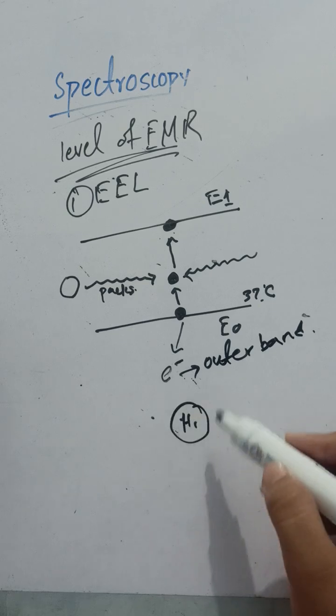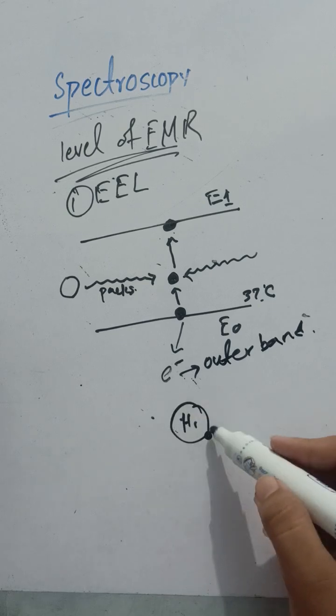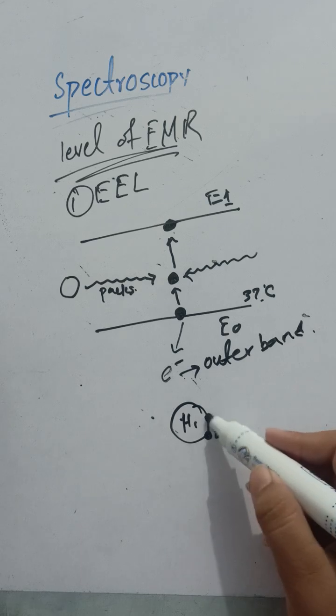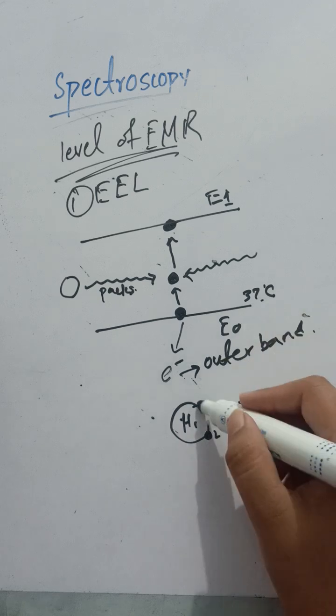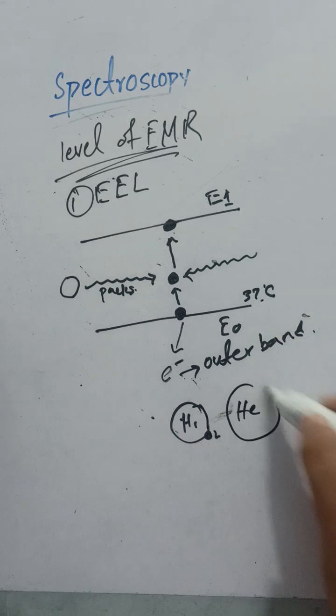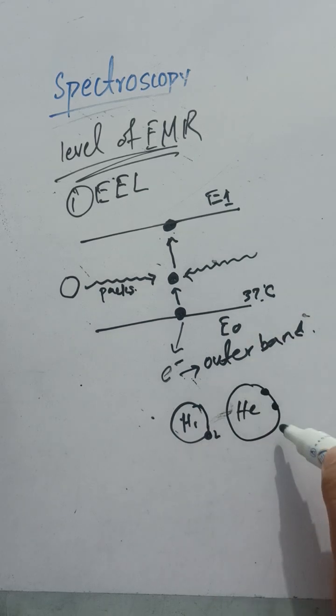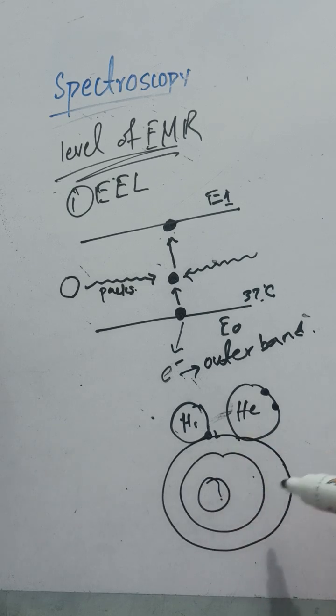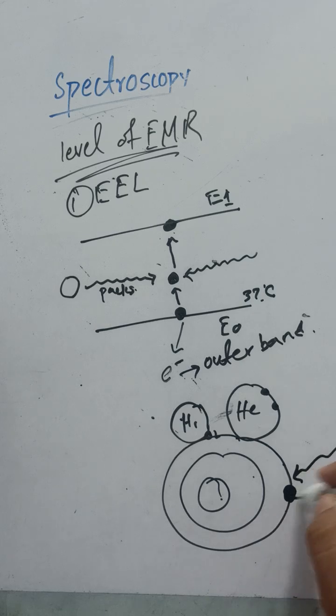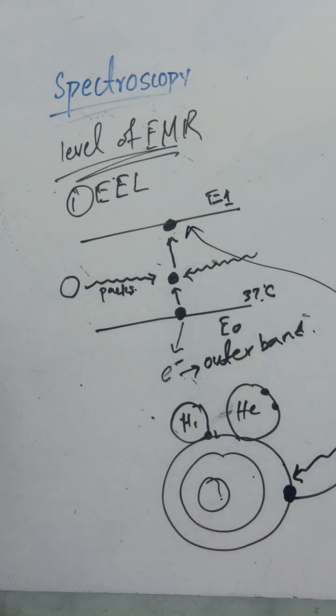Hydrogen H1 has one electron, helium has two electrons in the first bond pair. Next, as the atom increases, their outermost bond pair increases. Like this is the atom, and it has three levels, and in the outermost band there is an electron, and when the energy falls, this electron becomes excited and moves toward the excited state.